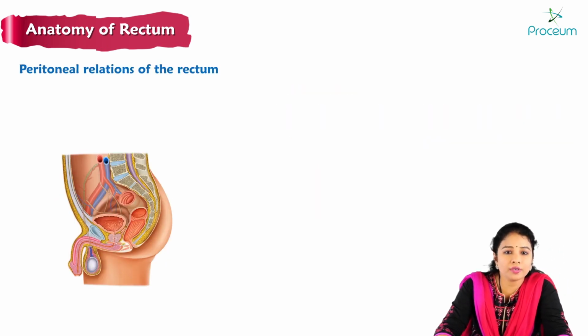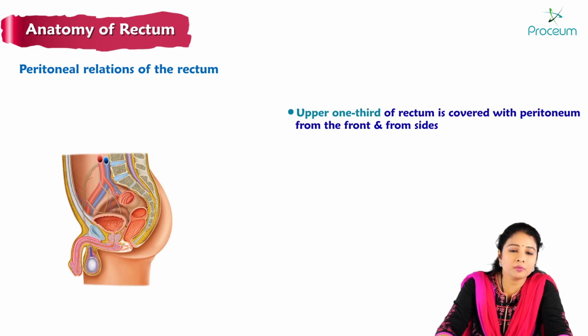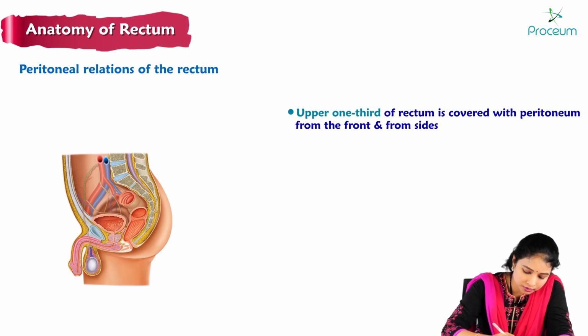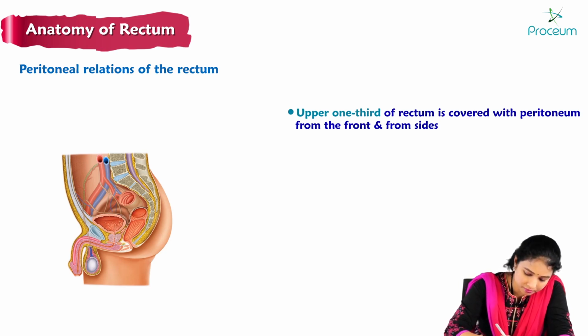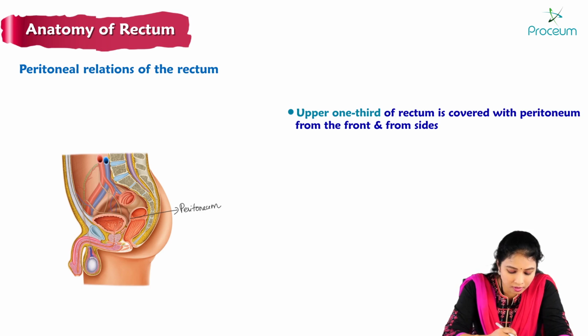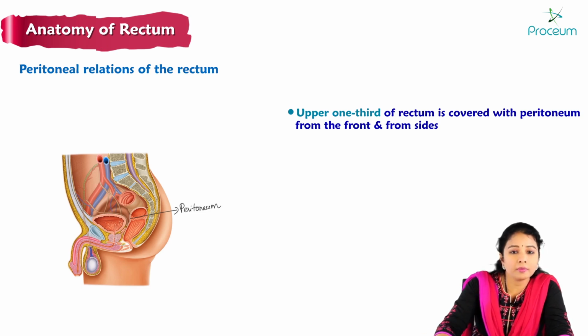Peritoneal relations of rectum. The upper one-third of the rectum is covered by the peritoneum from the front and from the sides. So we can see the peritoneal reflection along the upper one-third and sides, and the middle one-third of the rectum is covered with the peritoneum only from the front.